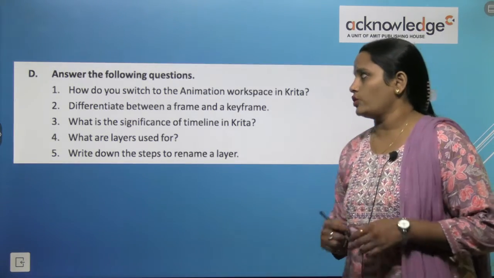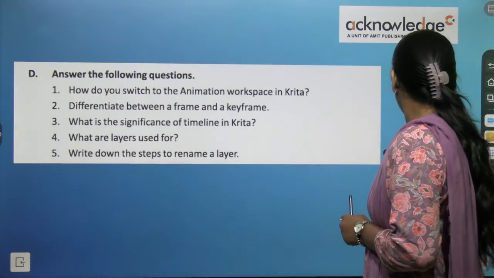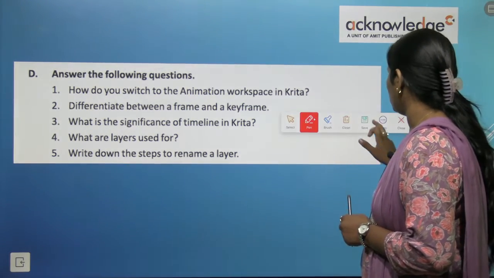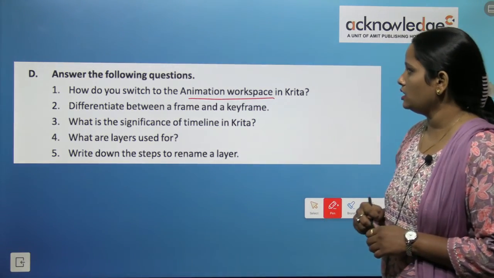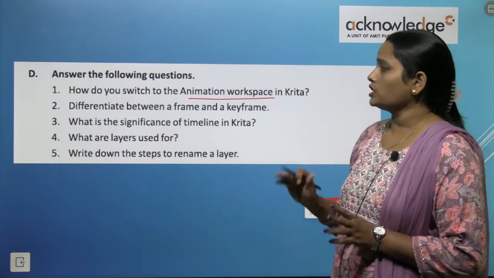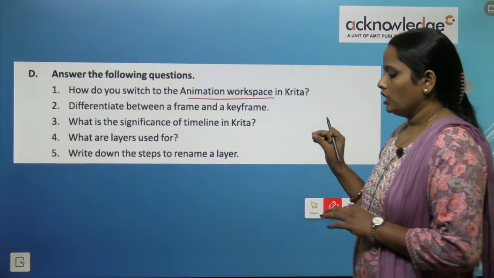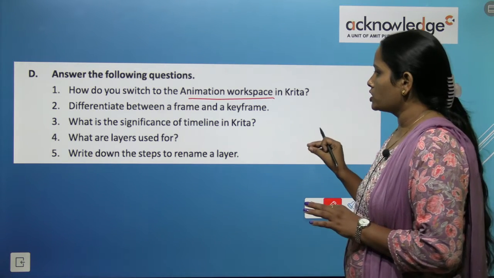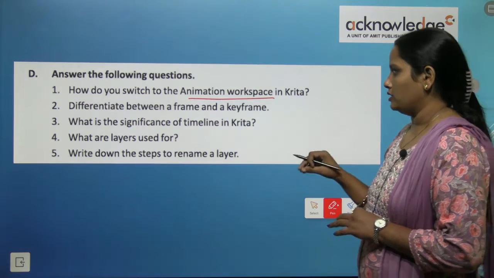Let's quickly come to the question and answers. How do you switch to the animation workspace in Krita? For switching to the animation workspace, first we have to change the workspace to the animation panel.